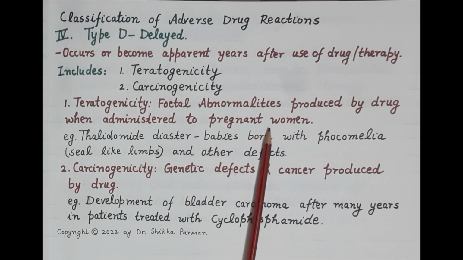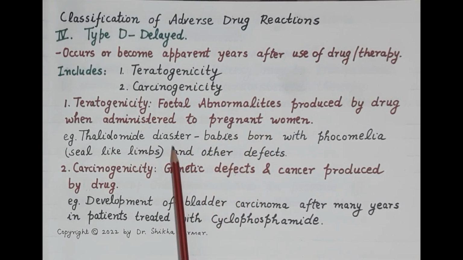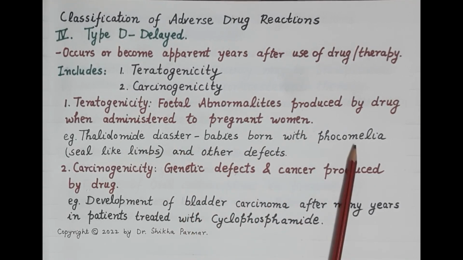A very well-known example is the thalidomide disaster, where use of thalidomide during pregnancy caused rare birth defects. There was severe malformation of upper and lower limbs. Infants born with phocomelia had severely shortened or sometimes completely absent arms and legs.